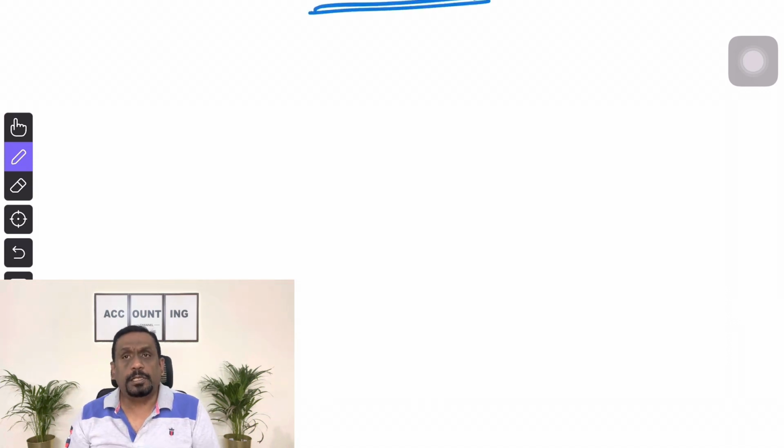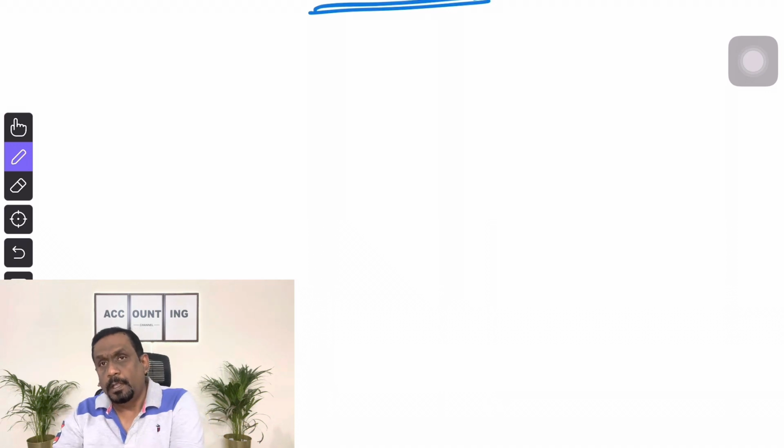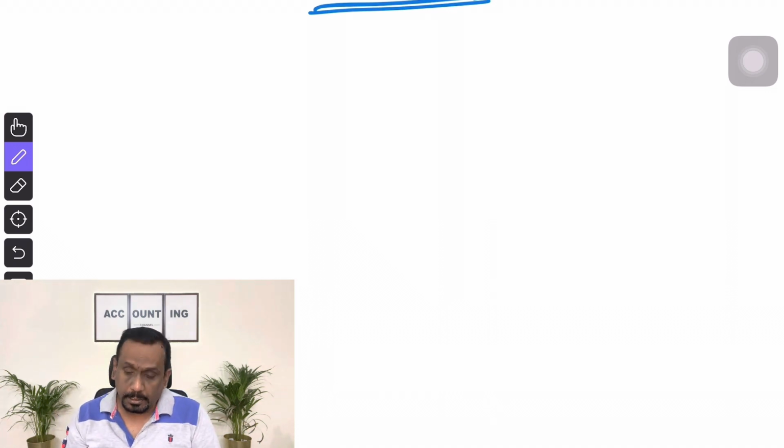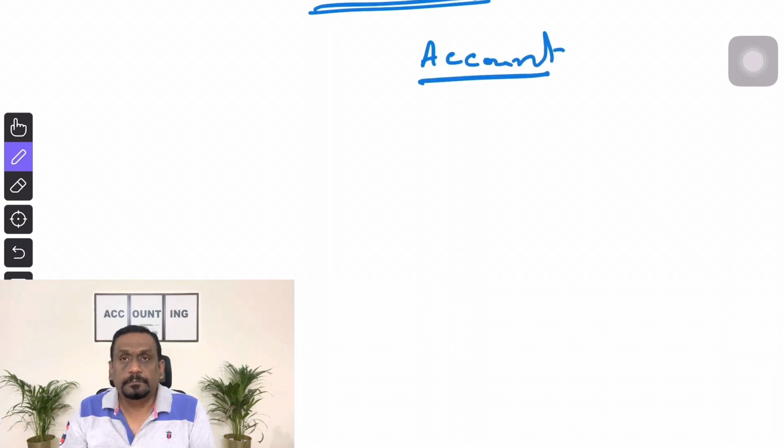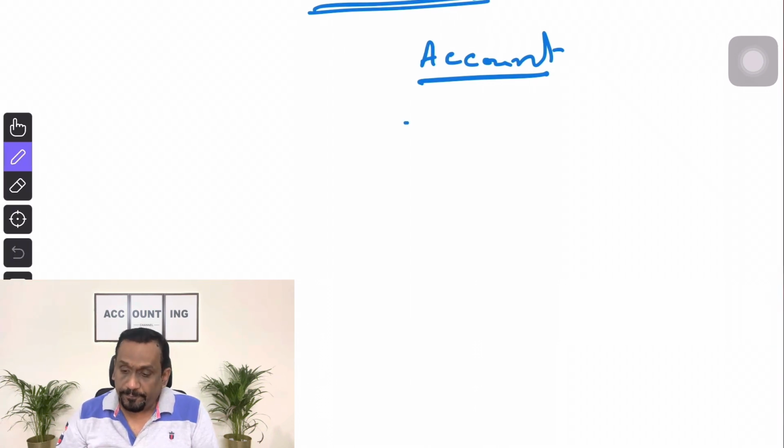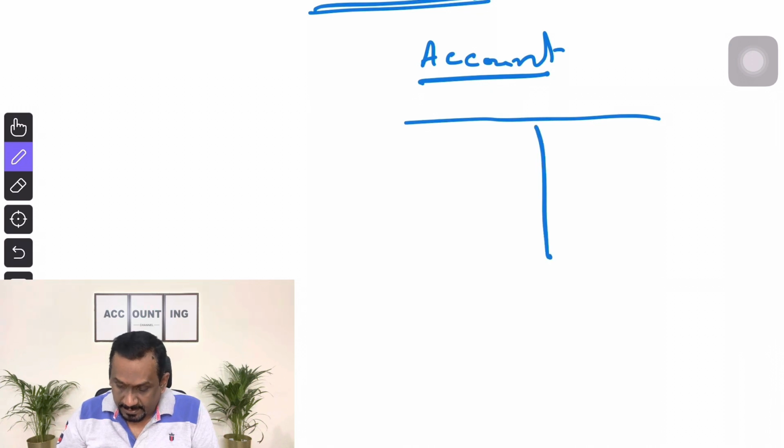Before we get into journal chapter, you need to understand about account. What do you mean by account? Account is a classified statement which is in the form of English letter T. This T form will have two sides, left hand side and right hand side.